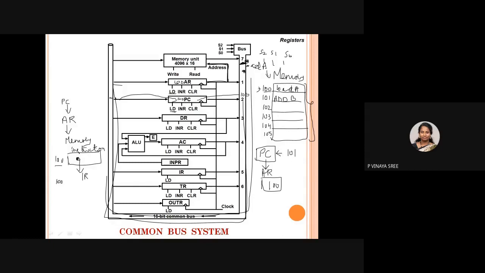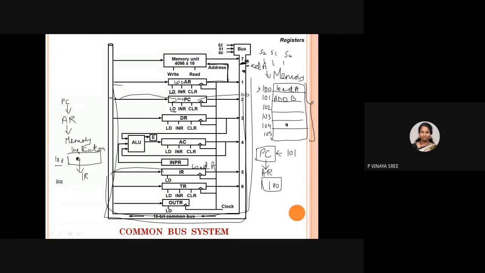If you are going to that particular location and you have data, then you can place it in the data register. Now we have an instruction in that particular location, so we need to place that load A inside an instruction register. So this load will be active, so that the instruction called load A will be placed in an instruction register.